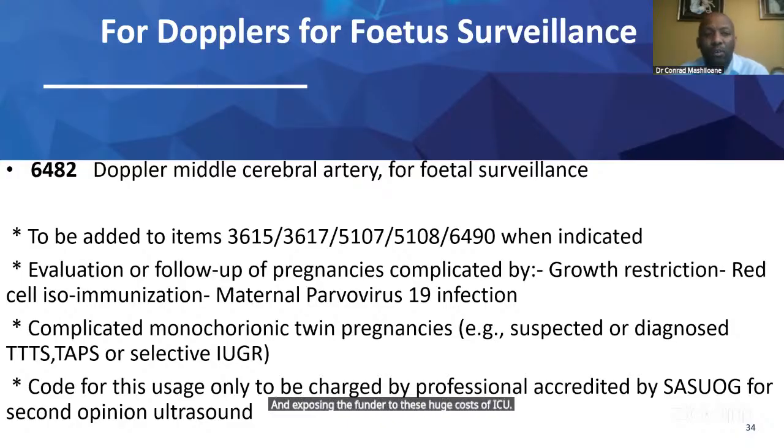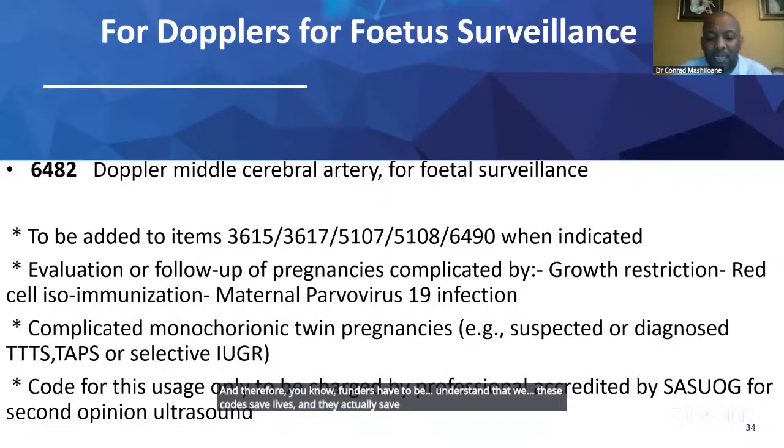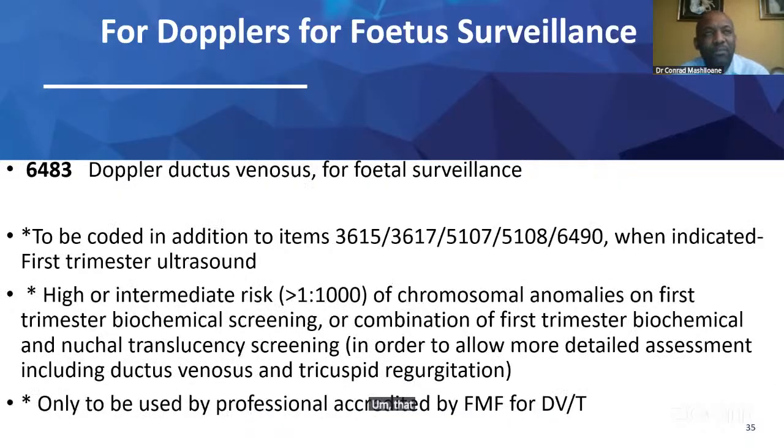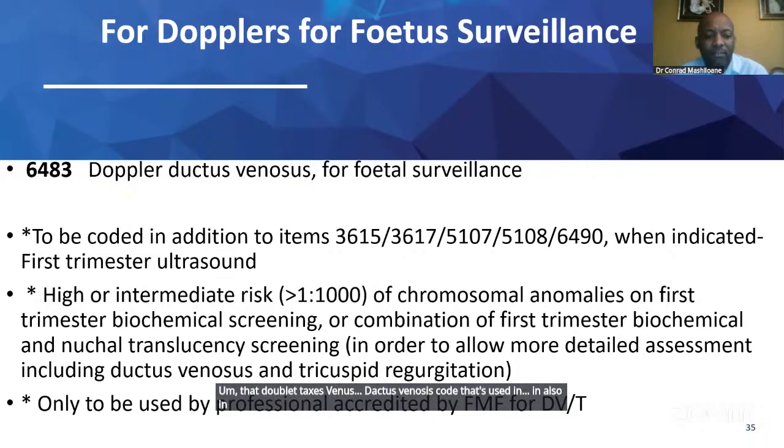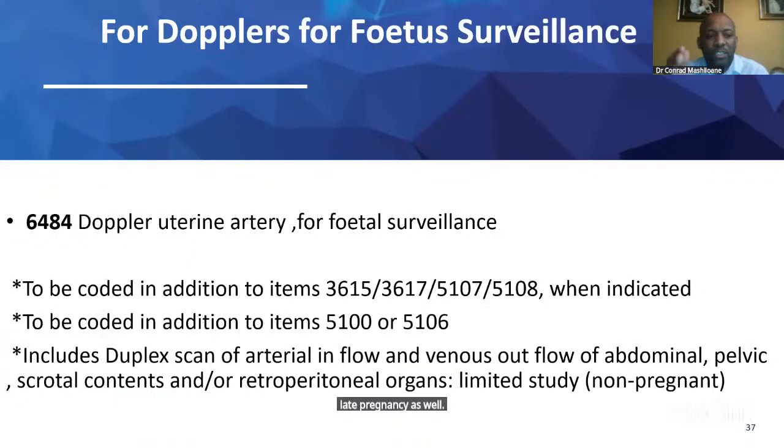And therefore, funders have to understand that these codes save lives and they actually save them a lot of money. Doppler ductus venosus is a code that's used also in early pregnancy and late pregnancy as well. So these codes are there.